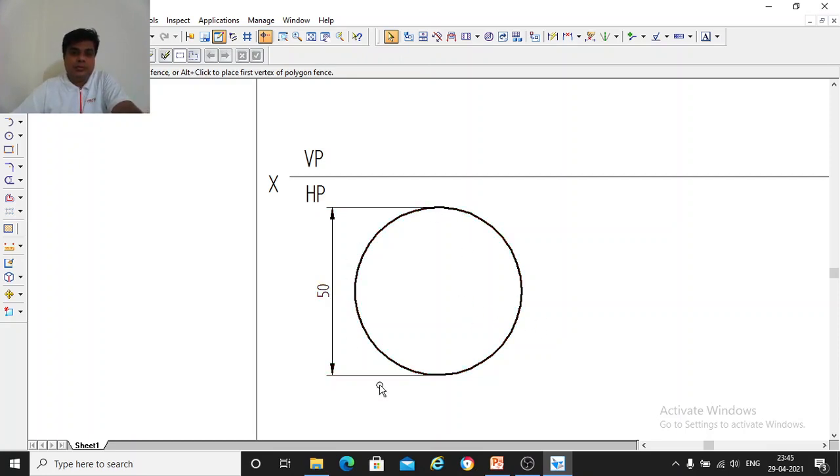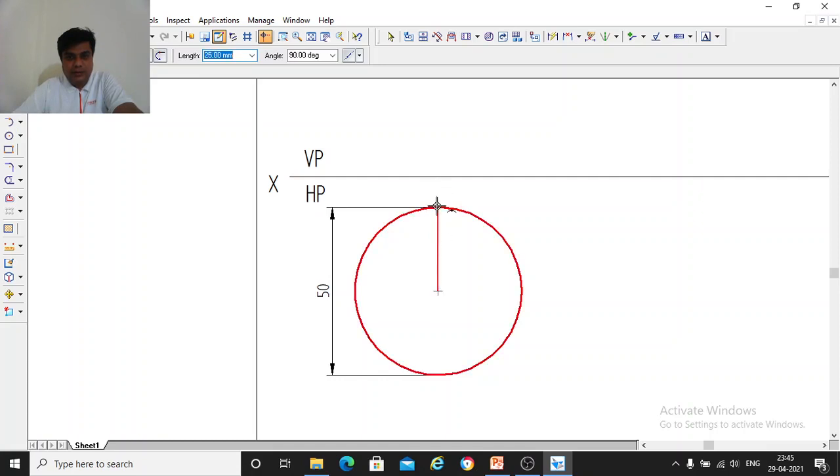So once we draw the circle, now we should divide the circle into 8 parts. So we'll draw the lines. From the center we will be drawing the vertical lines.